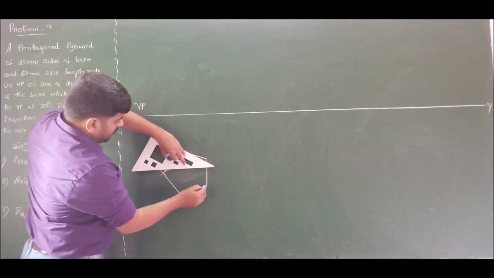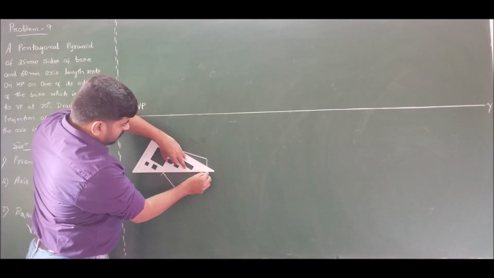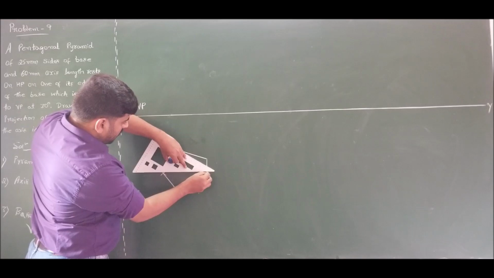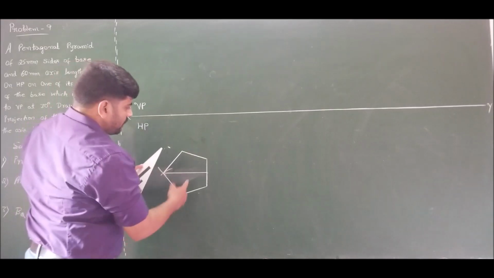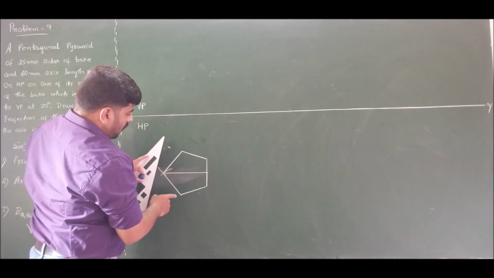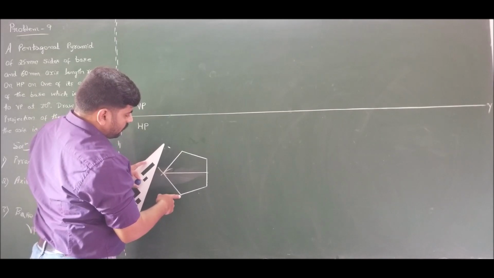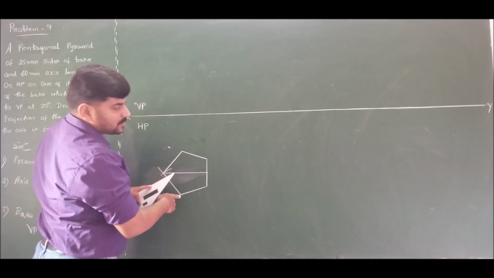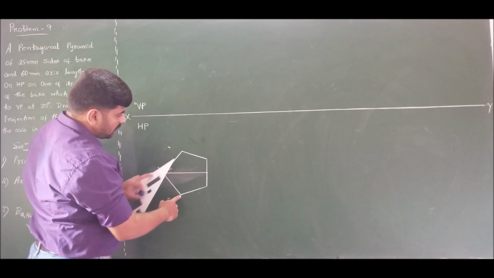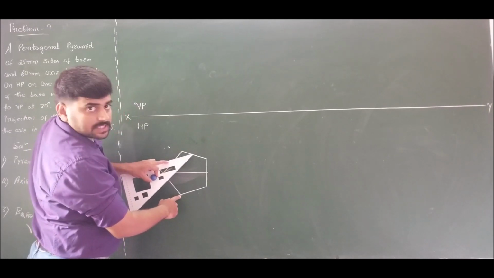Now drop the perpendicular bisector from this corner and identify the center. To identify the center point, draw a perpendicular bisector from any corner to the opposite edge. For this corner, this will be the opposite edge.